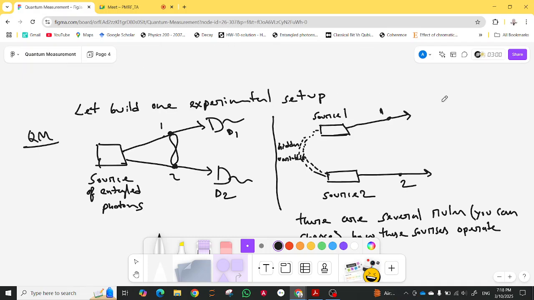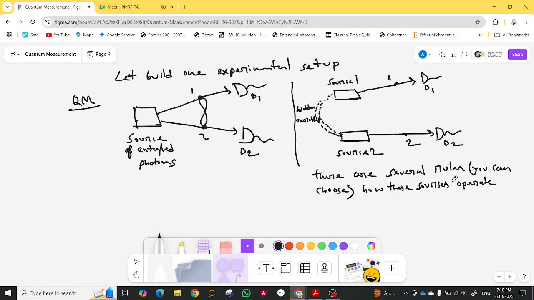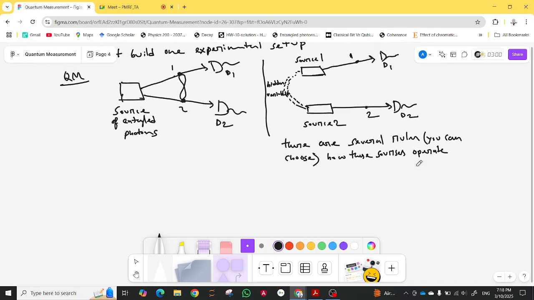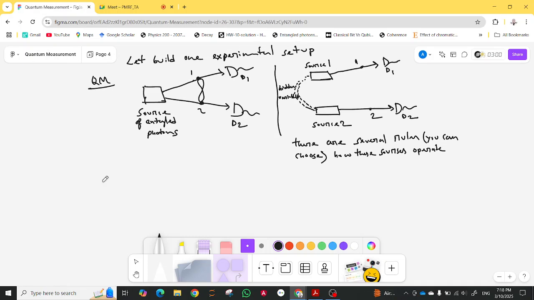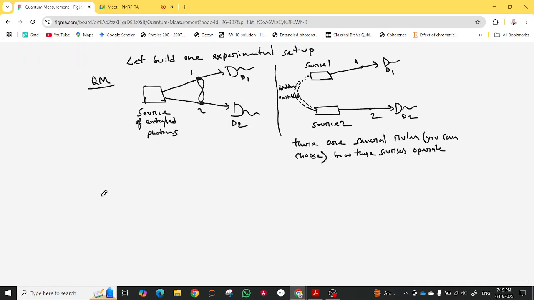Now do the measurement. Here you have detector 1, D1. Here you also have another detector, D2. Okay, now let's do the measurement. So measurement 1.